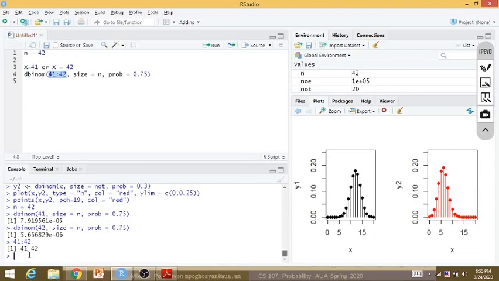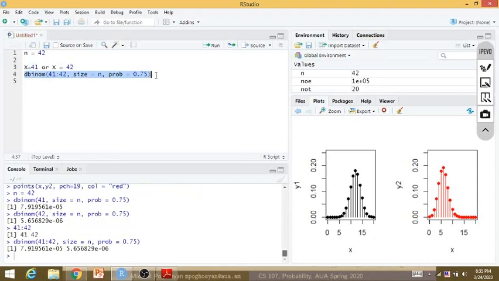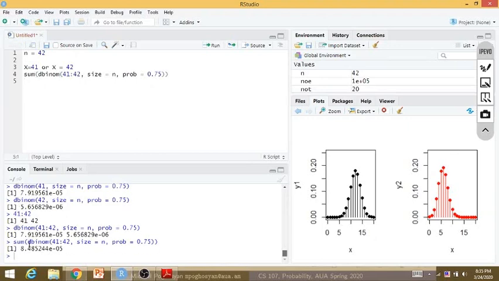If I run this, that will give 41 and 42. Okay, so I'm calculating the value of my PMF at 41 and 42. So this will give a vector. So I'm running that. This is giving the same probabilities but as a vector. And I am summing the elements of that vector. If I write the sum, that will give the sum of those probabilities, the elements of the vector.